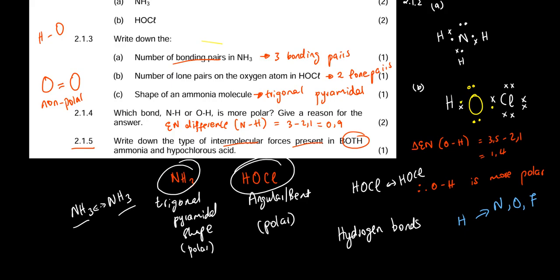So we can see here there is hydrogen bonded to nitrogen, so it's a hydrogen bond, and here we have hydrogen bonded to oxygen, so there are hydrogen bonds there. Whenever we have such a case, we're going to have hydrogen bonds. Is it clear? Yes, sir.